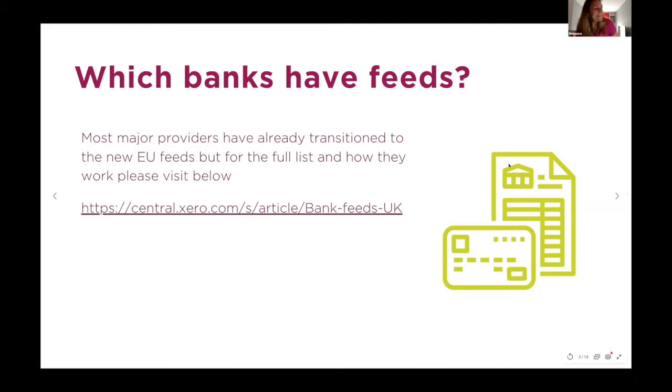Thank you. Yeah, so there's a full list on Xero for the actual bank providers. Just put the link here, and again, because the EU regulations have changed slightly over the past few months, you can't rely on a third-party feed anymore; they have to go through direct. So there's still two types of feed. One is a direct feed, as Frankie mentioned. You will click on Get Bank Feeds. That will take you to your normal bank login screen and all of your usual credentials.